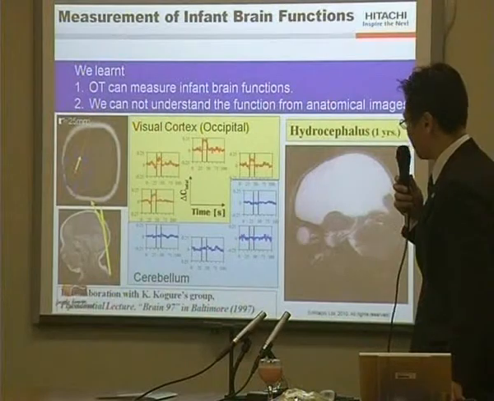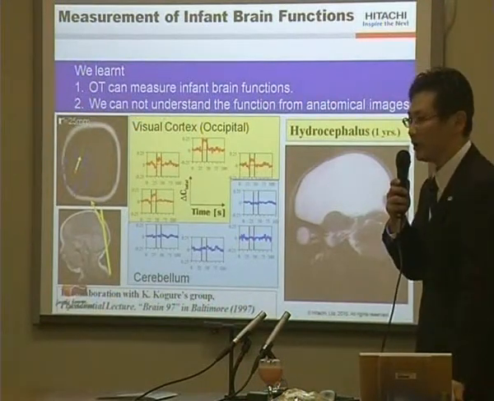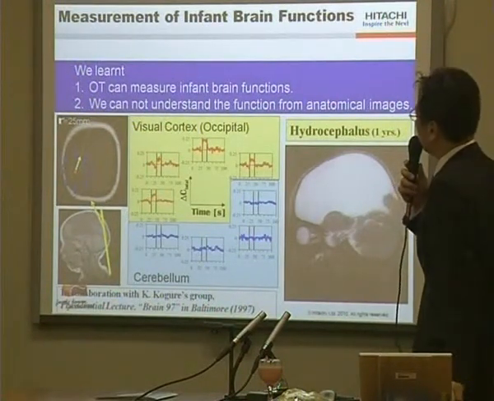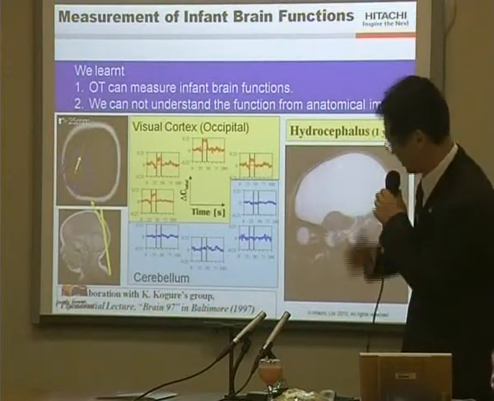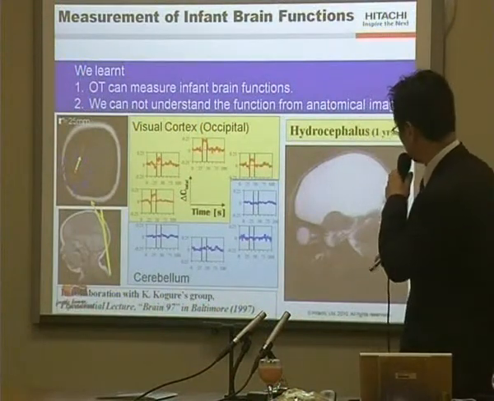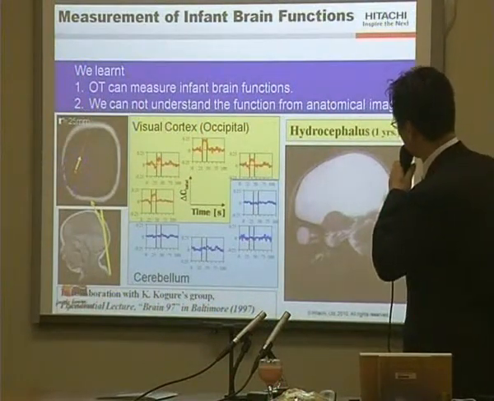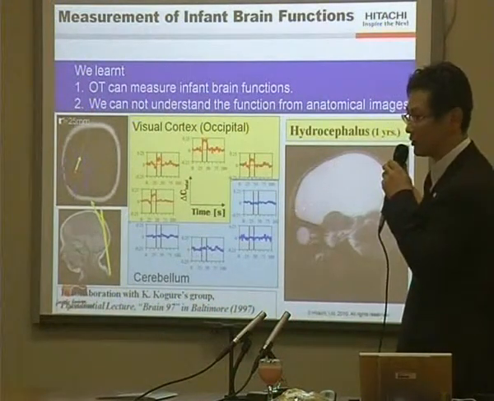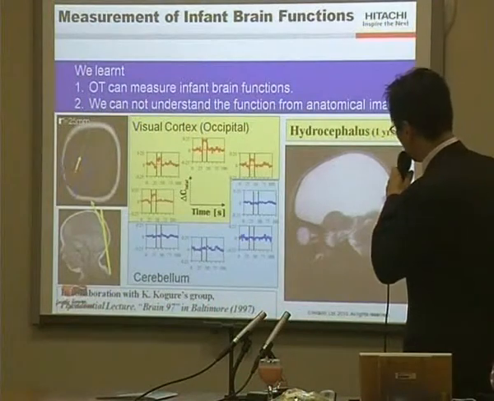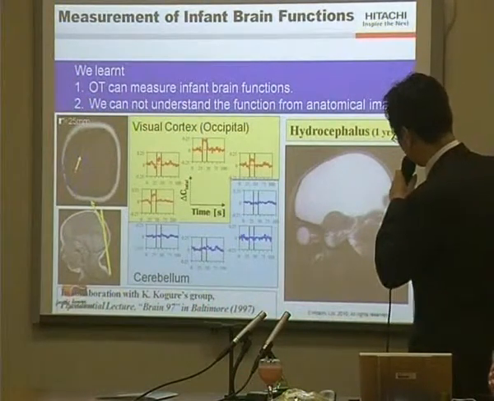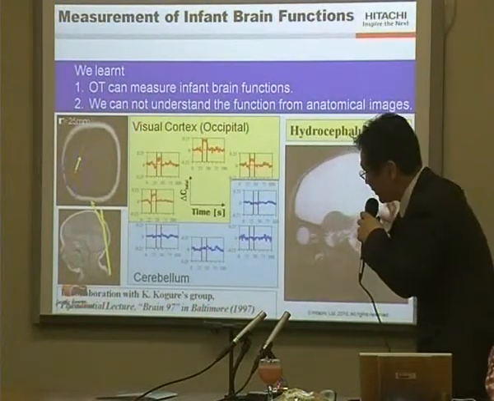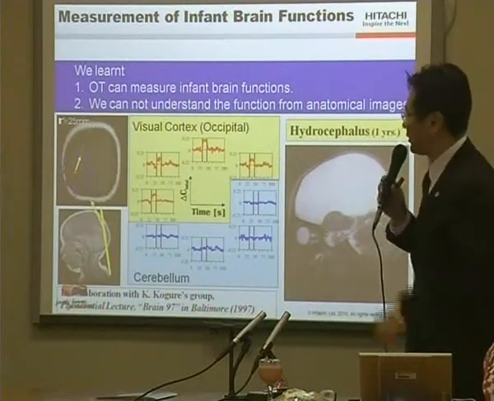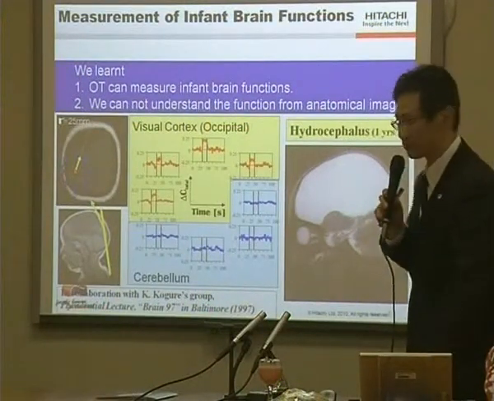And this is the first case of baby measurement. She has a very serious disease, and actually this area is almost water. And she has brain in just this area. However, she is alive.